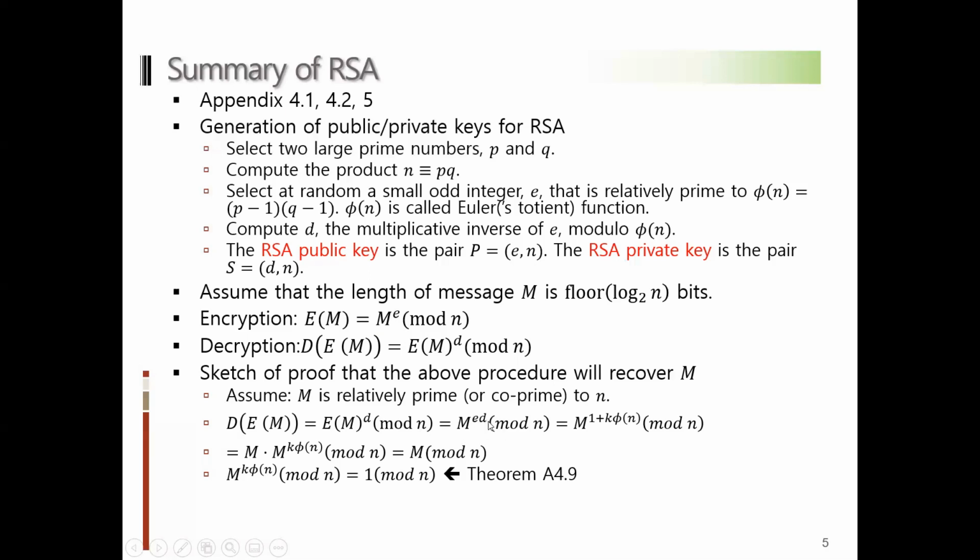Now the product of E times D can be replaced by this expression, because when we found this value, we made sure that D is the multiplicative inverse of E with respect to modulo phi of N. What that means is that D times E mod phi of N is 1, and this can be re-expressed as some integer multiple of phi of N plus 1.